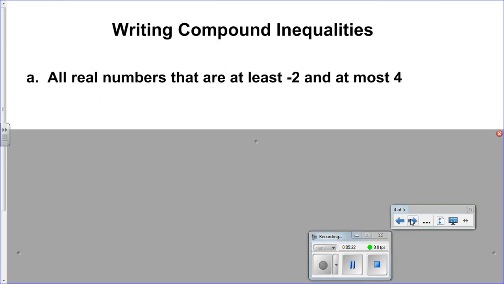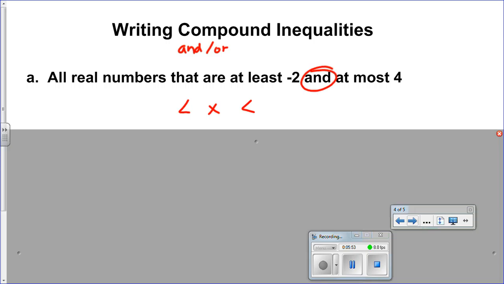So all real numbers that are at least -2 and at most 4. So I want to write this as a compound inequality. So compound inequalities, remember, use and or. So I see the word and, so I know that it's going to be an and, that means my variable is going to be in between two less than signs.